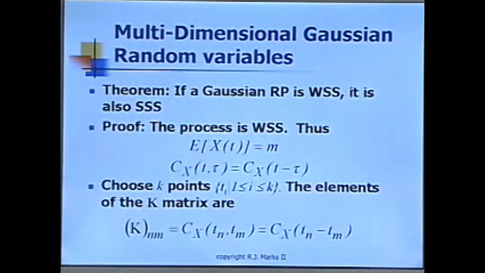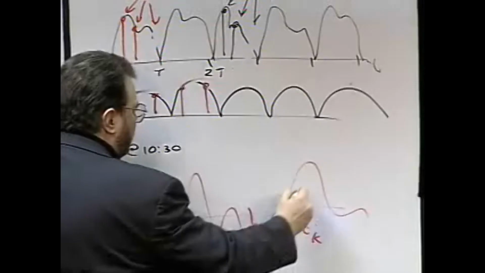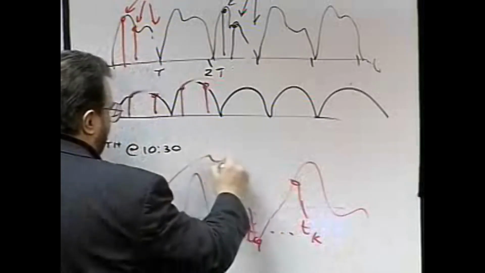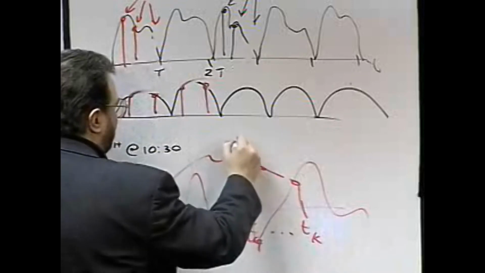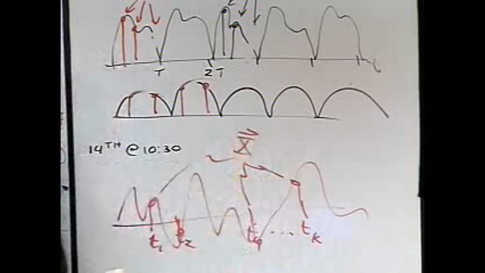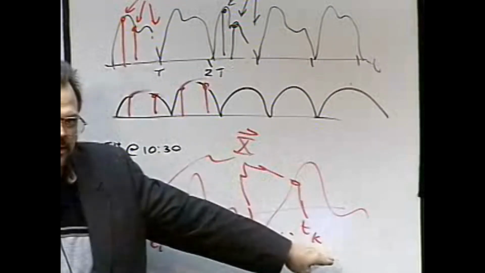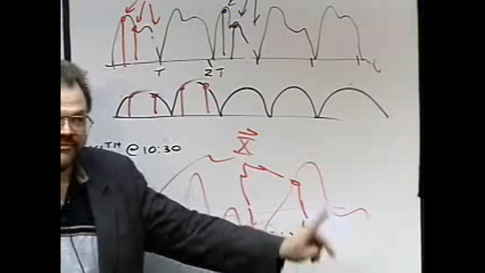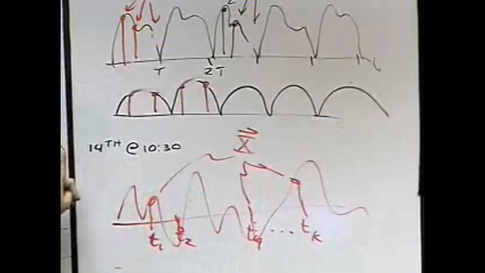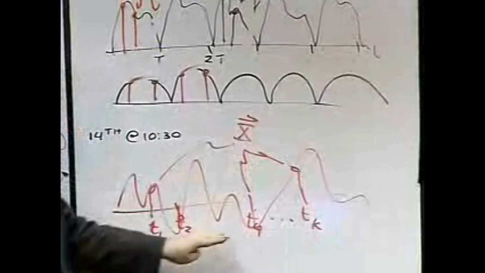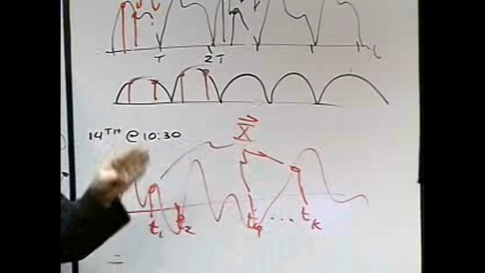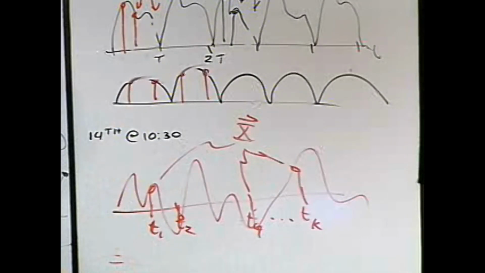This is T1, T2, T3, T sub k. We're going to choose these values, and these values then will correspond to a vector. We can concatenate these and express these in a random vector, which is a function of where we take these values. By definition, the process is Gaussian if, no matter where we take these samples, this vector constitutes a vector of Gaussian random variables. Okay?